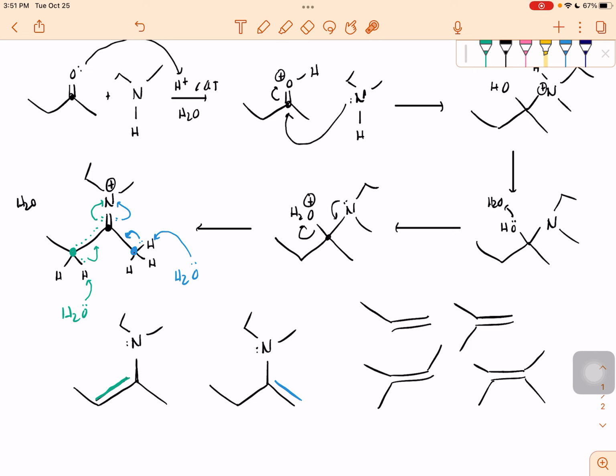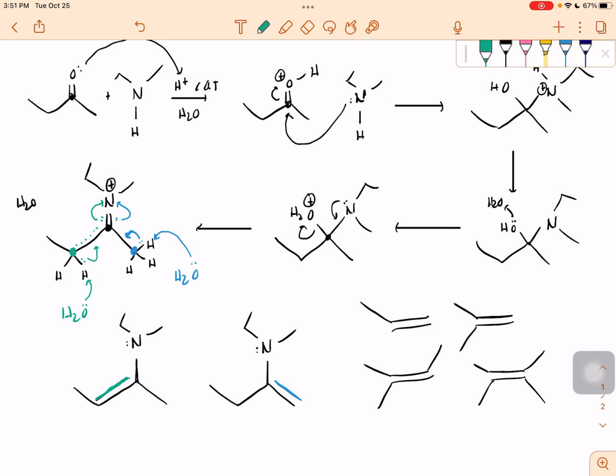And a double bond with less hydrogen substituents, aka more carbon substituents, is more stable. So this molecule with its tetra substitution is more stable than the tri substitution, more than the di substitution, more than the mono substitution. So we're going to use that same ideology to apply to our products.